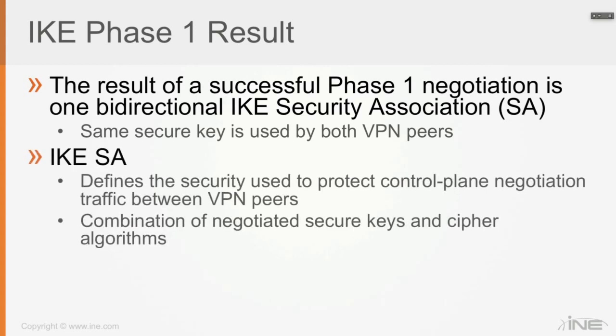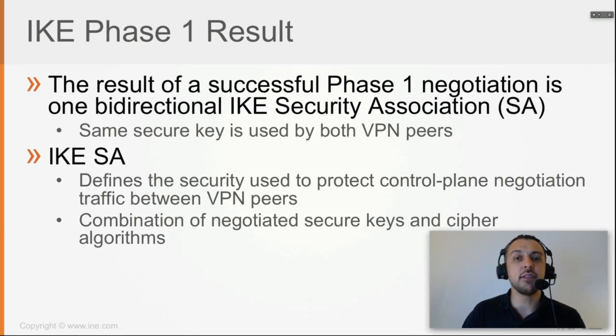Now what is an SA? The SA defines the security used to protect the control plane negotiation traffic between the VPN peers. That's the IKE SA. And it's a combination of negotiated secure keys and cipher algorithms. Because they have negotiated the encryption method, the hashing method, the authentication method, and the Diffie-Hellman group, once both VPN peers end up with safe key material, those keys are going to be used to encrypt traffic with the negotiated algorithm and to provide integrity with the negotiated algorithm, and that's what an SA means.